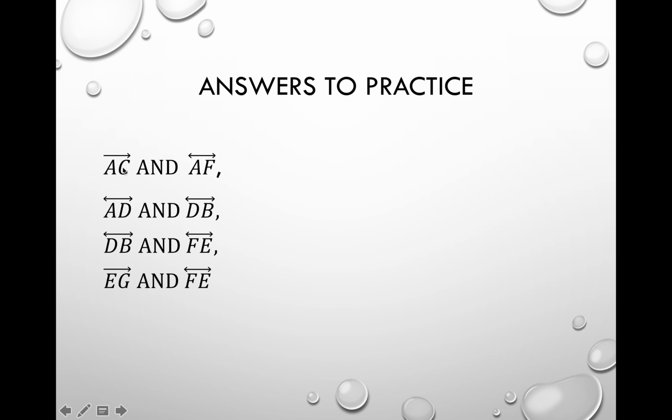So line segment or ray AC and line AF, line AD and line DB, line DB and line FE, ray EG and line FE would be answers to the previous question.